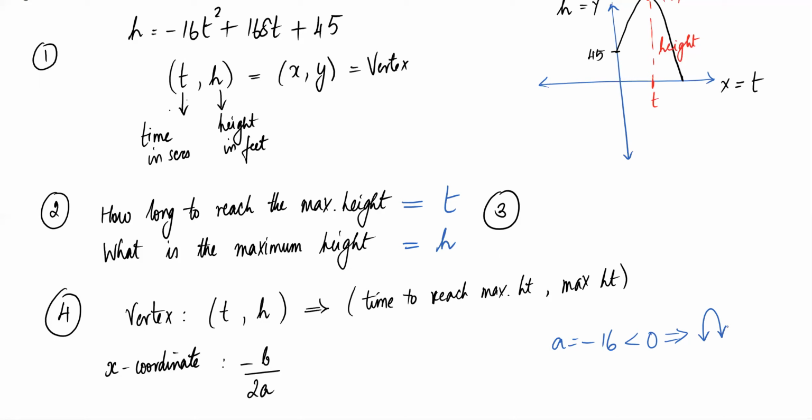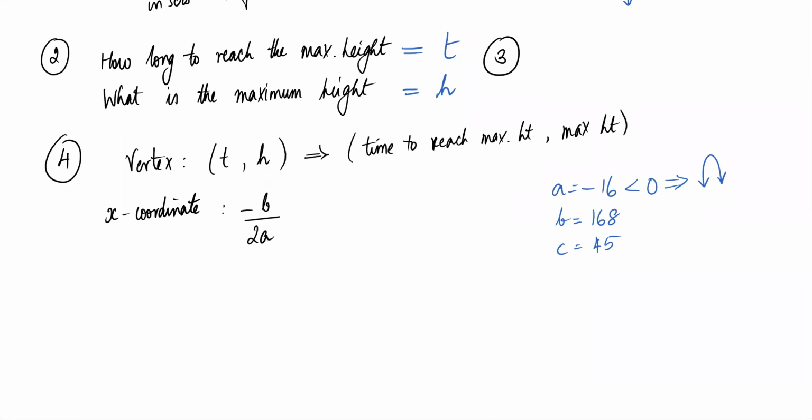As you imagine it, as you trace your finger, thinking about it, you can already see that you're tracing a parabola that opens downwards. Okay, and B is 168, C is 45. Okay, so negative B over 2A. B is 168, and A is negative 16.